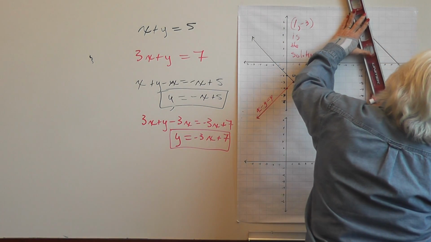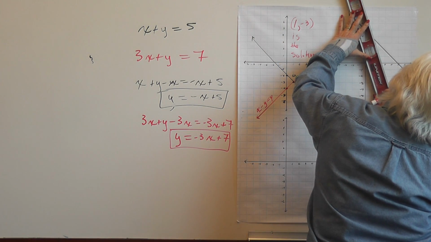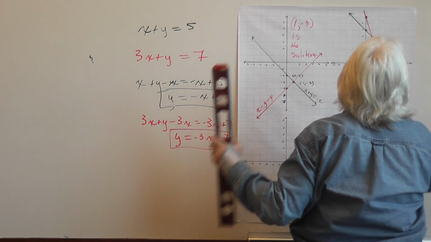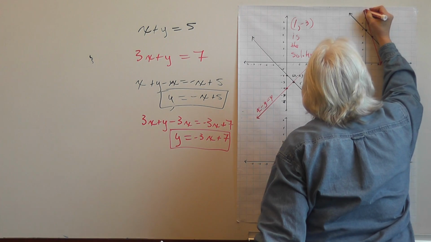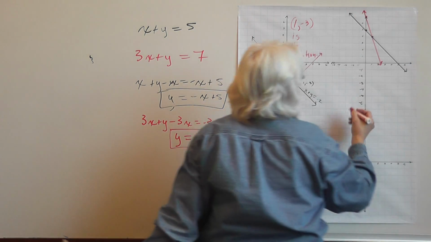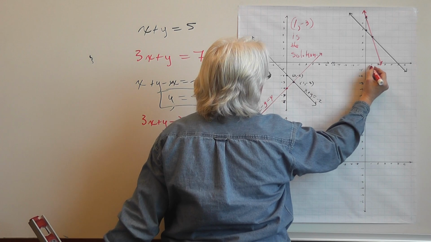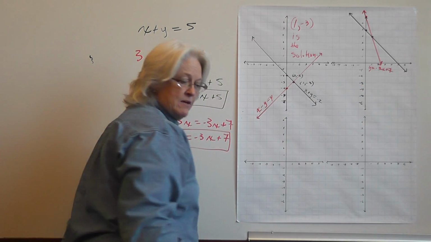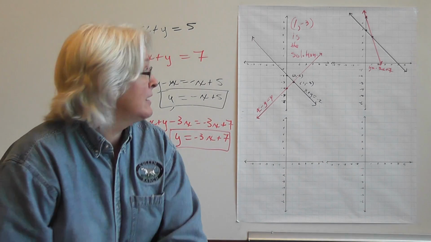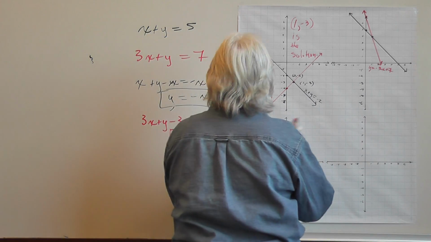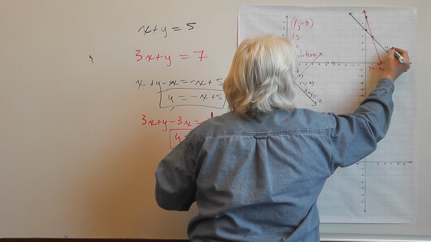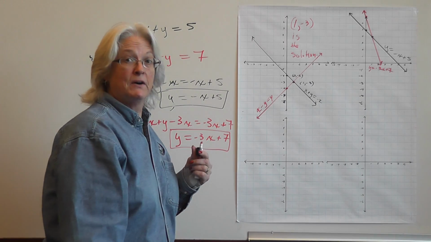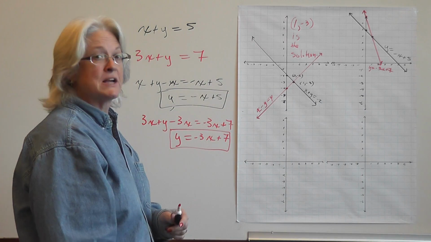Let's go ahead and connect these. You would label both of the lines. y is negative 3x plus 7. Our first graph, y is equal to minus x plus 5.